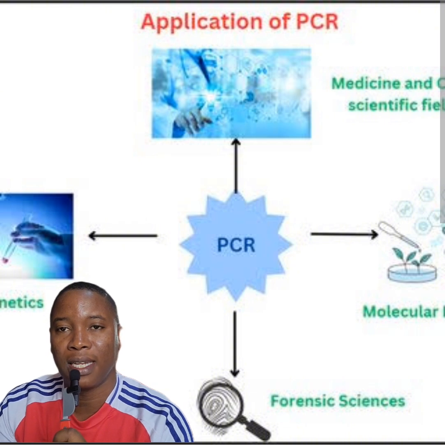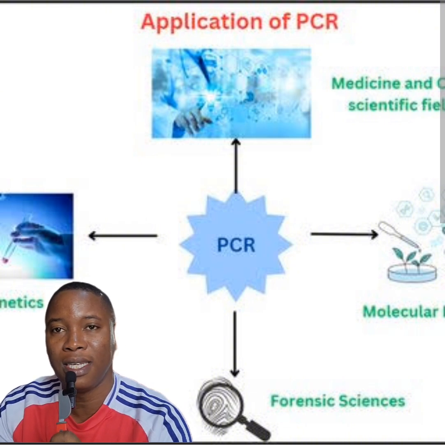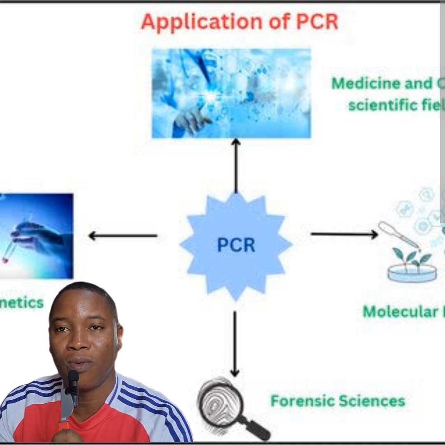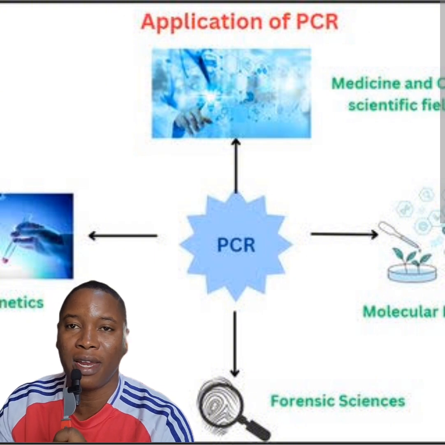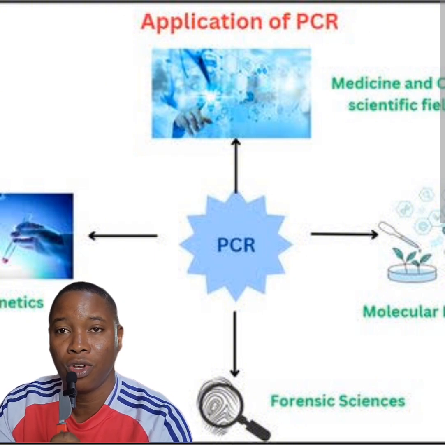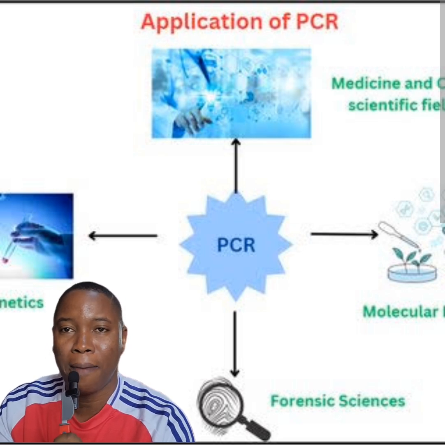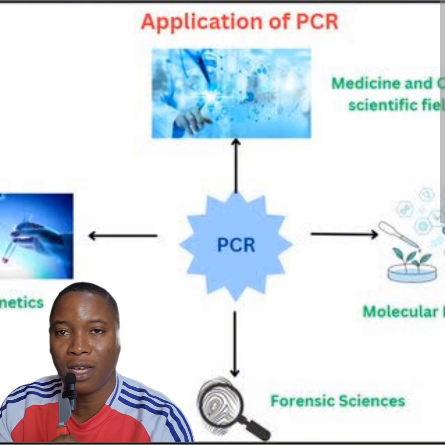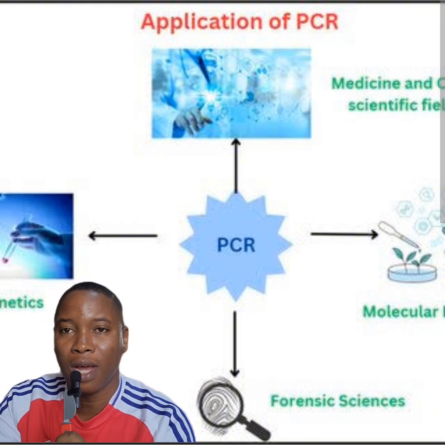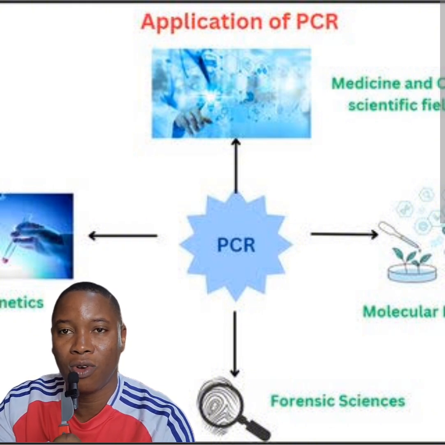So what we are saying is that there are sections along the DNA of a bacteria or a fungus or a virus. These sections are the ones that we amplify and then run against an already established database. So you have a sequence on a bacteria or on a fungus or on a virus. Now you amplify that sequence, make many copies of it, and then you have the individual nucleotides.